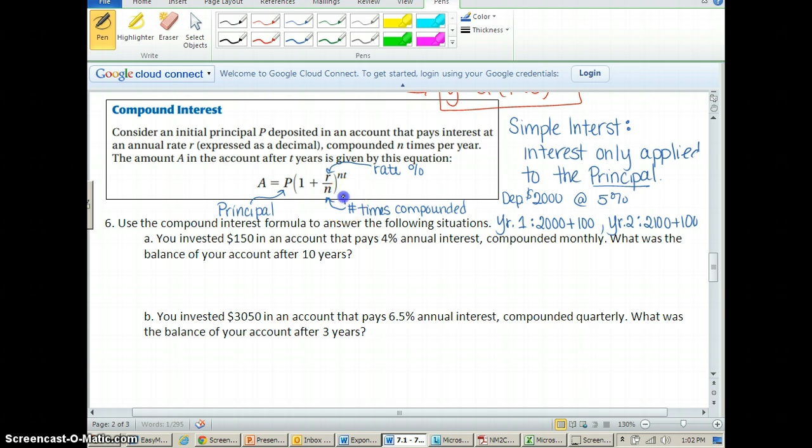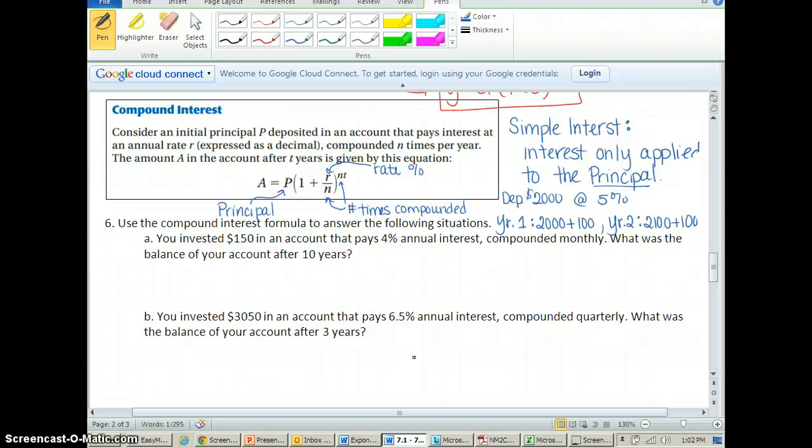And notice that we also have N in two spots. That's going to be the same value no matter what. So we could have something that was compounded yearly, which would be the example I just told you. 2,000, then you get to 2,100, then you get 5% of that 2,100, and then a year later, you get 5% of that new balance.